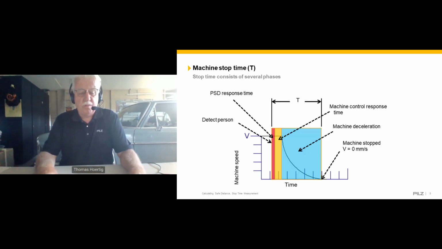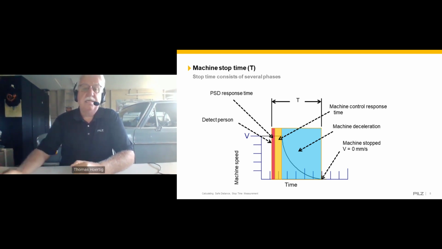Coming to the overall machine stop time, we have several phases that we need to look at. Here you see a diagram: speed on the left over time. At the very first, on the left, we have the detection of the person by our presence sensing device. That's the first contact: breaking a light curtain beam, stepping into a scan area, stepping on a safety mat. Now this red column here is the response time of our presence sensing device.